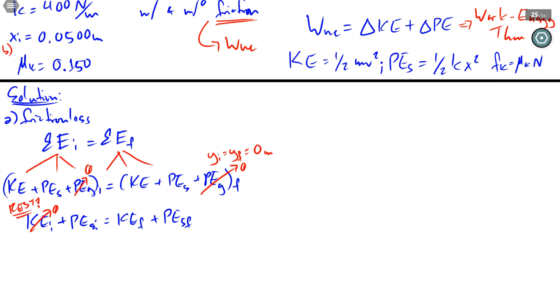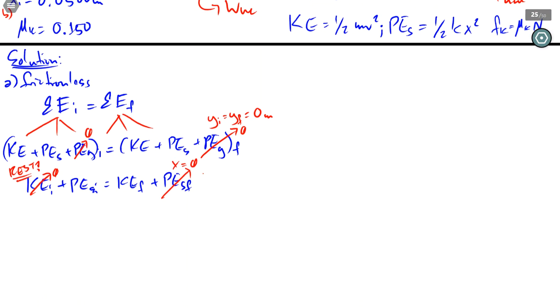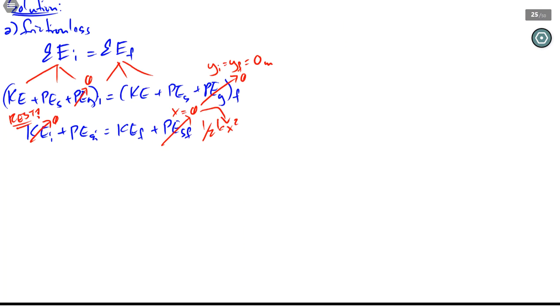And afterwards, at x equals 0, that term goes to 0 as well, because remember it's 1/2 kx squared. So if x is 0, then that will go away. And you can see how it very nicely simplifies the problem.